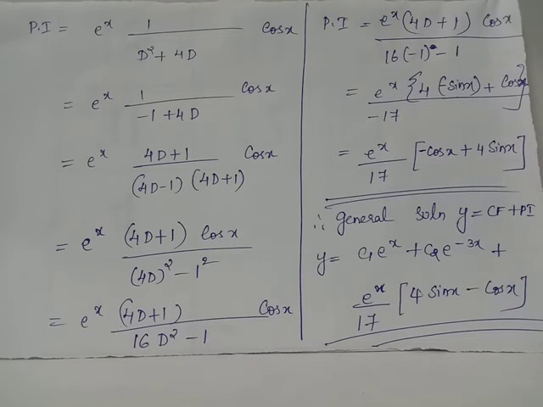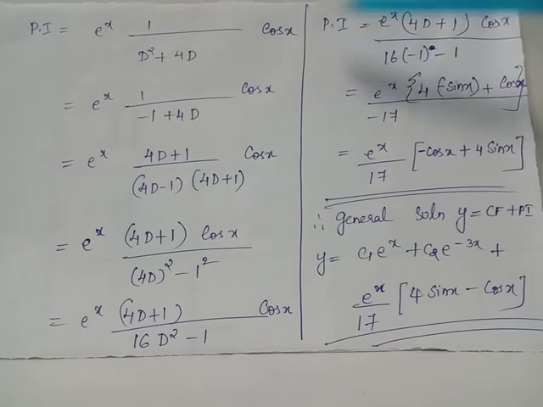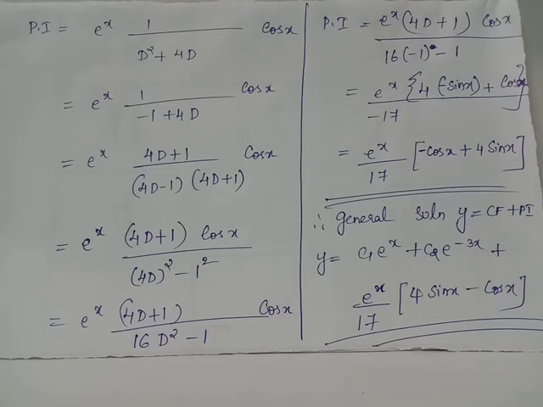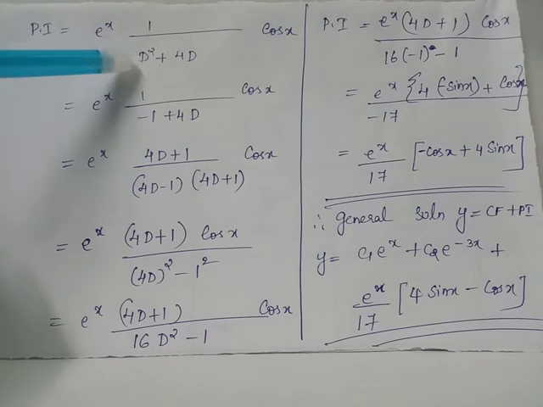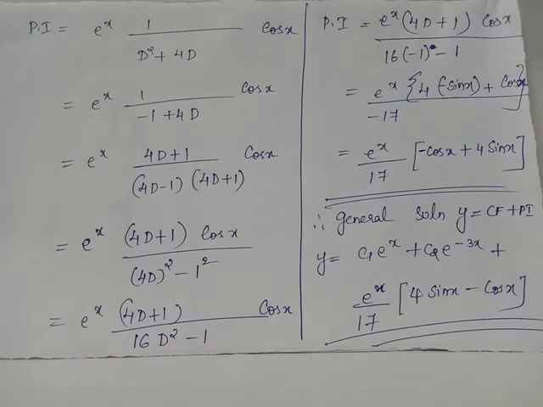Here cos x has a equals 1, the coefficient of x equals 1 inside the trigonometric function. Therefore, capital D square will be replaced by negative of 1 square. When capital D square is replaced by negative 1, the denominator becomes 4D minus 1.